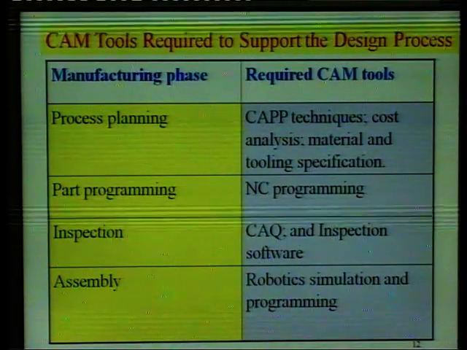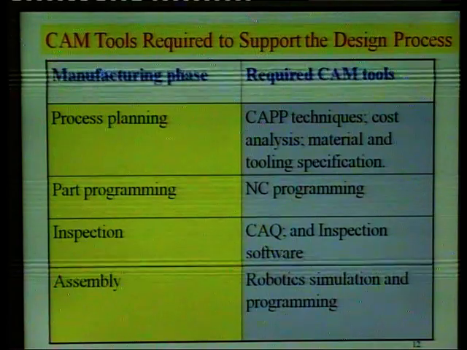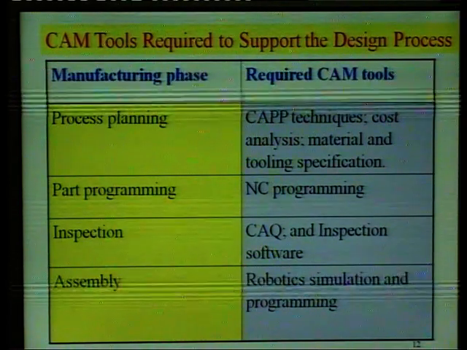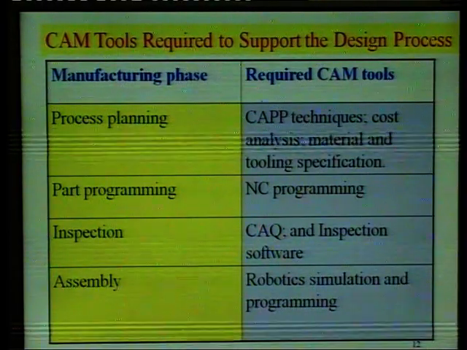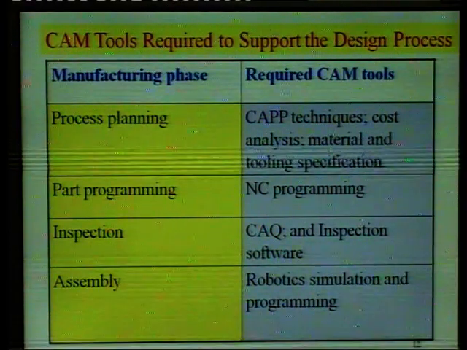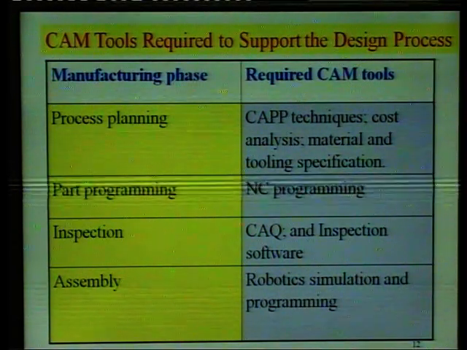So, to support the design process, we also have certain CAM tools corresponding to the different manufacturing phases. For the first phase of manufacturing, which is called process planning, we have different types of CAP techniques.